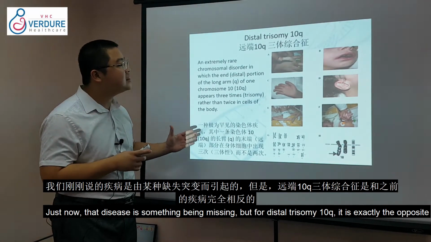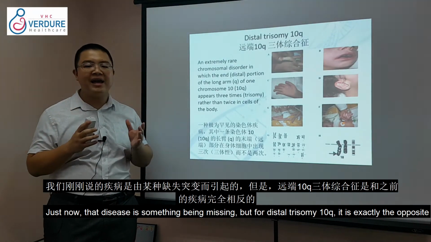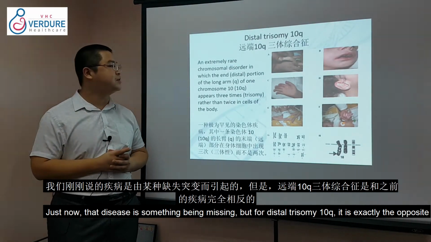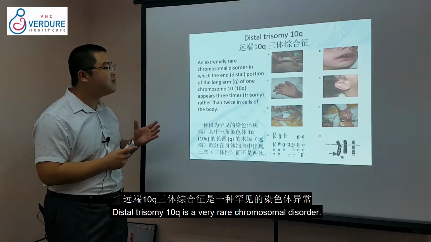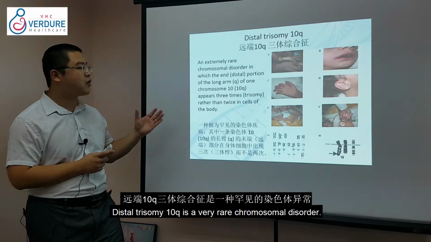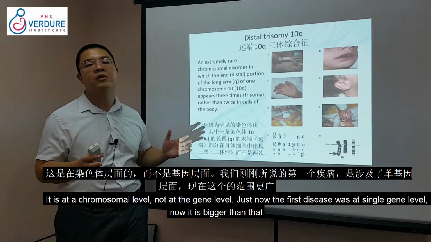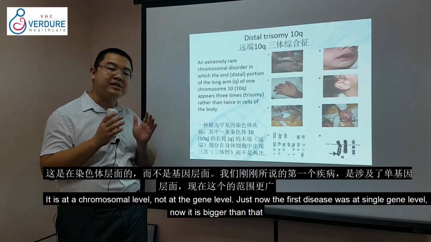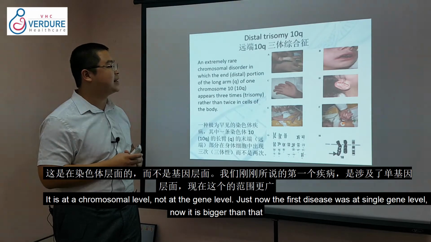But for the distal trisomy 10q, it is exactly the opposite. Distal trisomy 10q is a very rare chromosomal disorder. It is at a chromosomal level, not at the gene level. Just now it was at a single gene level, but now it is much bigger than that.